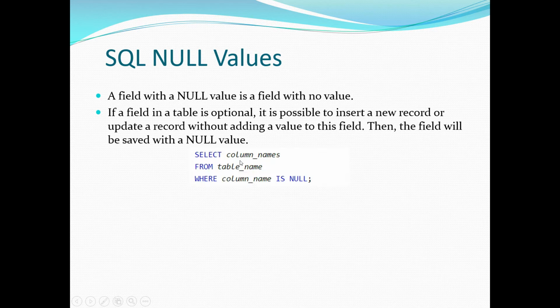For example, here I select a column name from a table name where the column name is null. It means show me all the rows where this column value is nothing, is null. Similarly, if we want not null, then you will use the IS NOT NULL keyword. Okay, so hope you will understand.